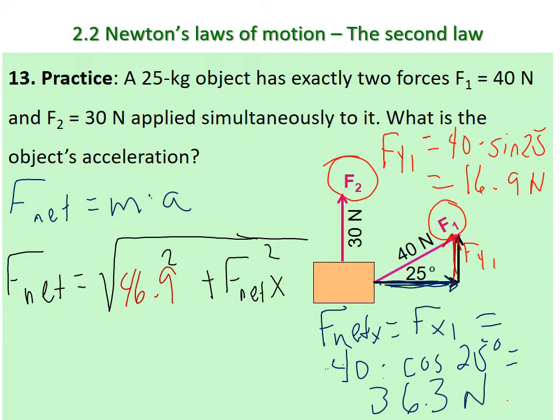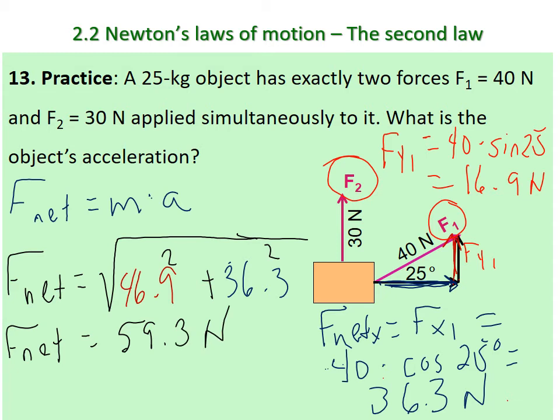So now I'll plug that into this equation over here. 36.3. Okay, so I take 46.9, I square it. I add that to 36.3 and I square that. Then I raise all of that to the 1/2 power and I get a net force equal to 59.3 newtons. So let me draw this triangle, what this looks like.